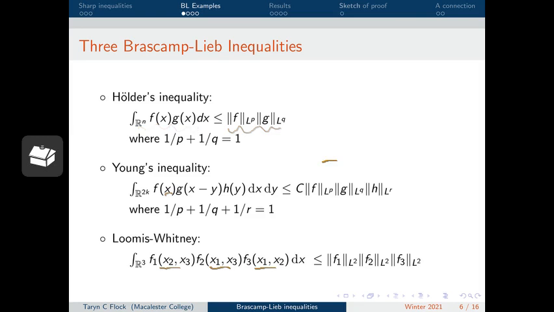I'm taking the domain of integration and projecting it into a lower dimensional space for my functions to be evaluated on. So I can think of this as the integral of a product of functions composed with a family of linear maps. And it's this structure that will define a Brascamp-Lieb inequality.